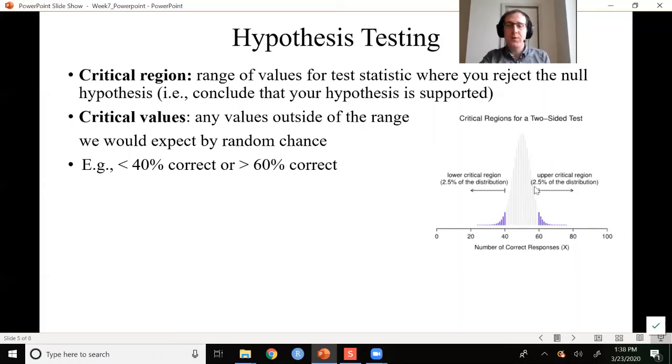If it's between 40 and 60, that would suggest that your observed outcomes aren't extreme enough for you to believe that there is really a difference. But if it's less than 40 or greater than 60, then that supports the alternative hypothesis that there is a difference, that your results are more extreme than you would expect just by chance.